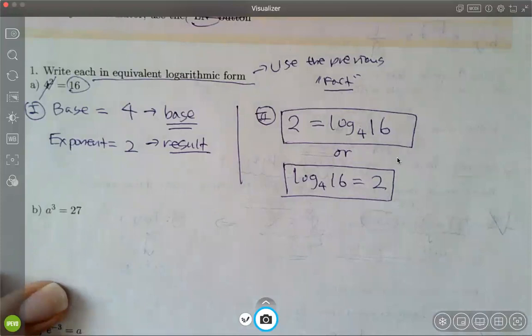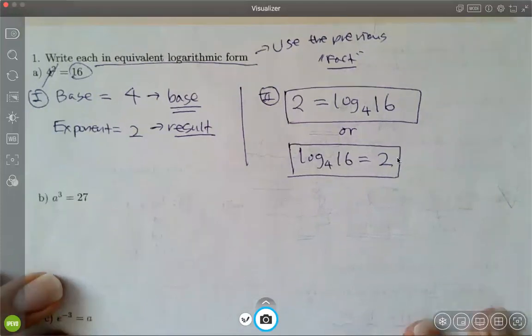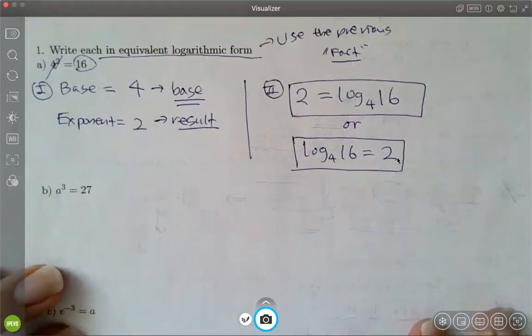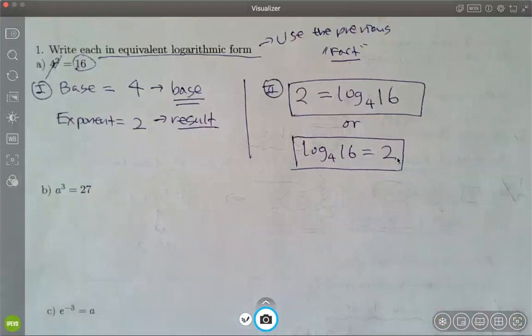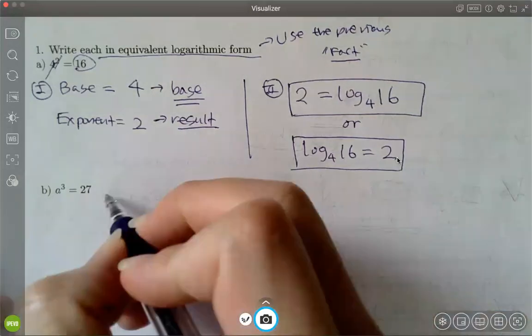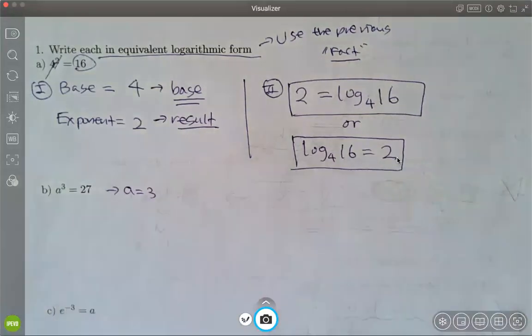And now part B, a to the 3rd power equals 27. When some people see this, they say, oh, yeah, I get the answer. a is equal to 3. Good job. Unfortunately, you haven't done an inch of this problem.